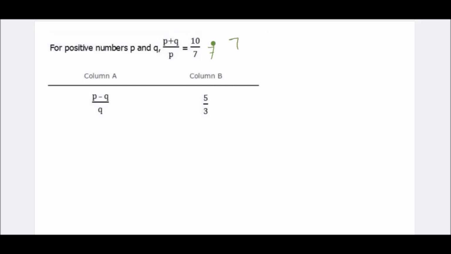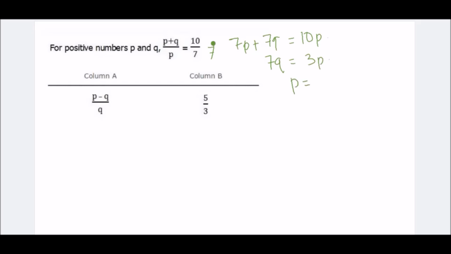Cross multiply, it will become 7P plus 7Q is equal to 10P. When we subtract 7P from both sides, 7Q is equal to 3P.